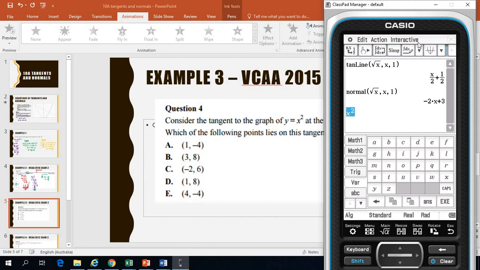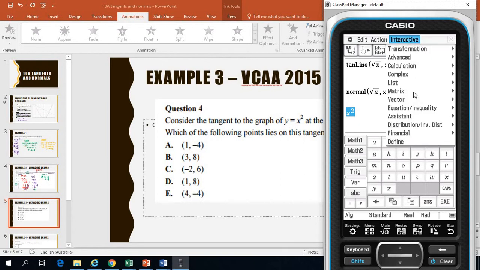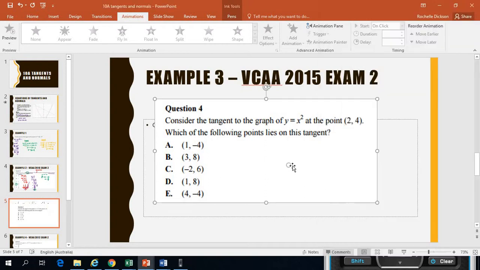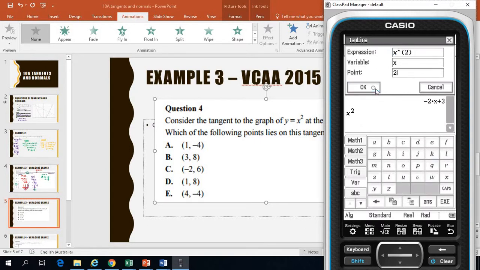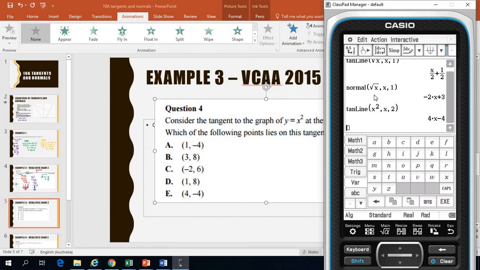I want to find the tangent, so calculation line, tan line, and we're wanting the tangent at the point where x equals 2. Remember, we don't need to put in the y value, just the x value. So this tells us that the tangent line is y equals 4x minus 4.